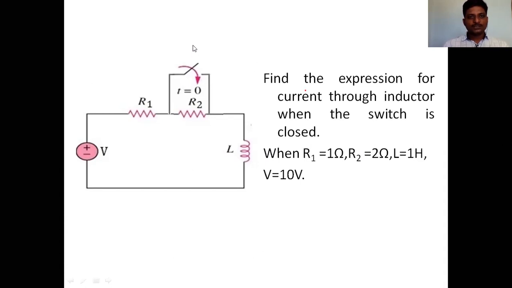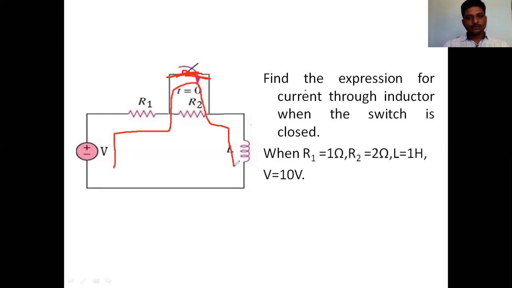When the switch is closed, this becomes a short circuit. So the current will start from the voltage source through R1 and the short circuit, and then it will go to the inductor, and again to the voltage source.